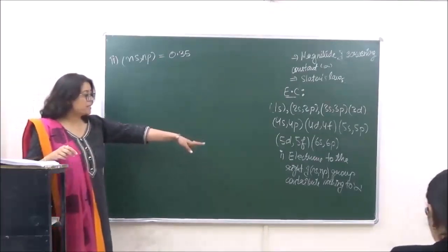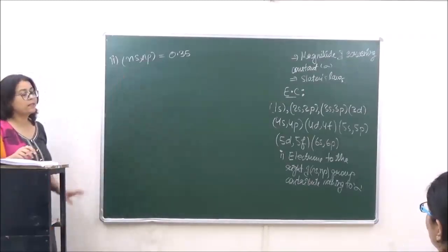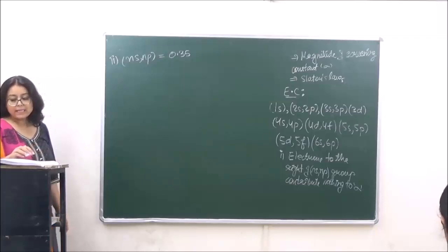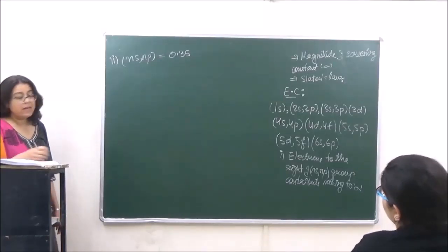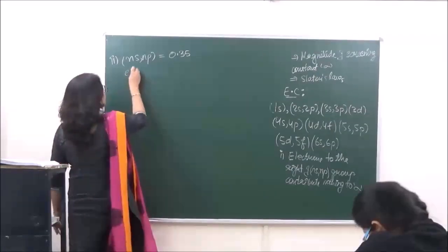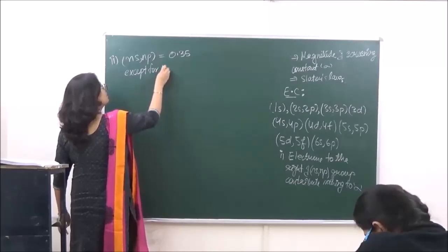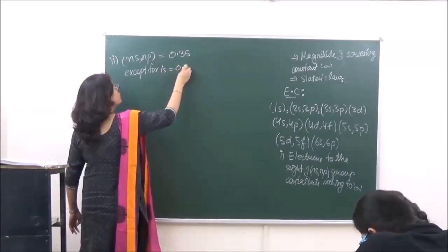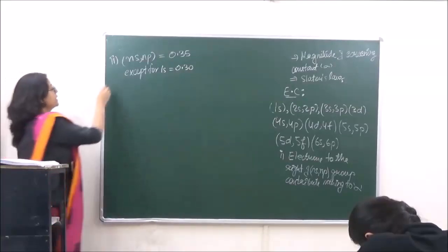Electrons to the right of the ns np group contribute nothing, but those present to the left of ns np contribute 0.35, except for 1s, which contributes 0.30.